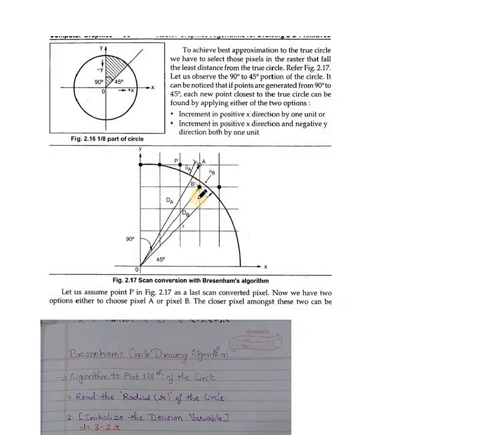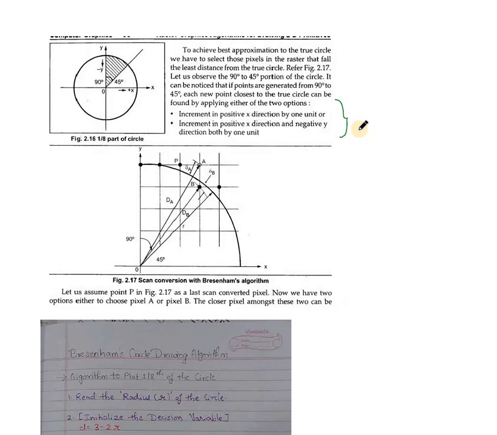So here we again have an error term and we calculate the dA and dB, and depending upon that we try and make these decisions. So we have two options. Option 1 says that you increment only in the positive x direction by 1 unit, else you increment in the positive x direction by 1 unit and decrement the y by 1 unit.